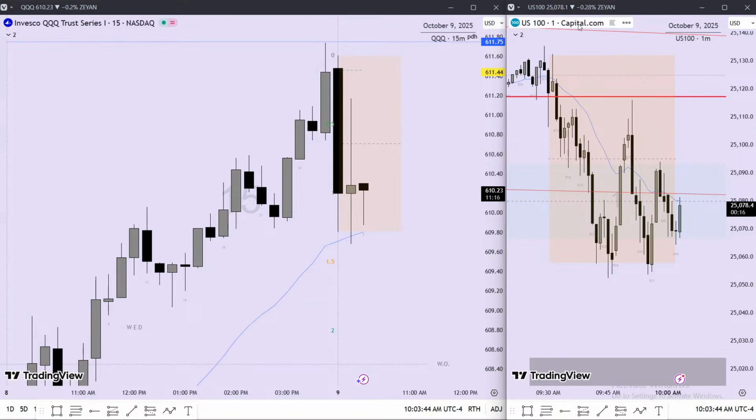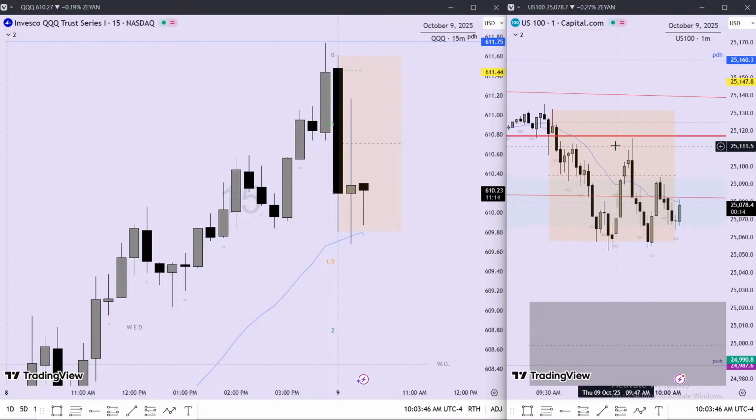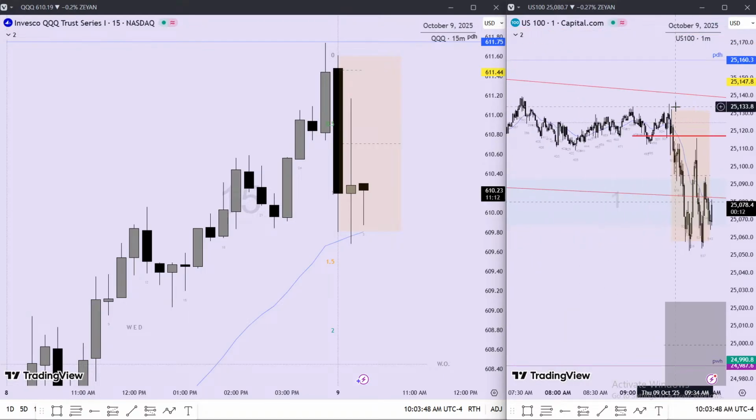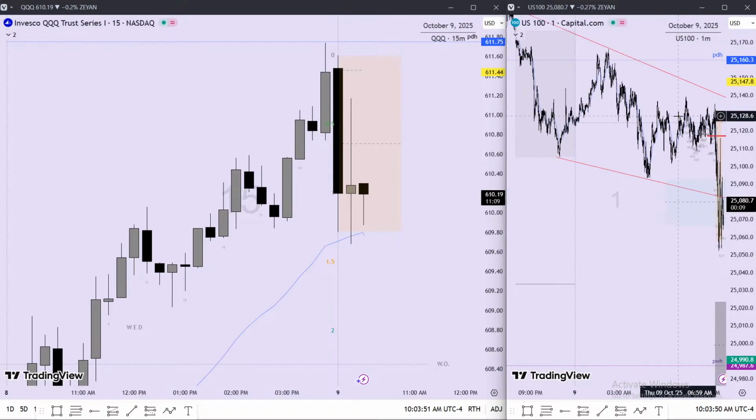I'm really skeptical of this move down. I want the price to come back up so I can target this Asian high.